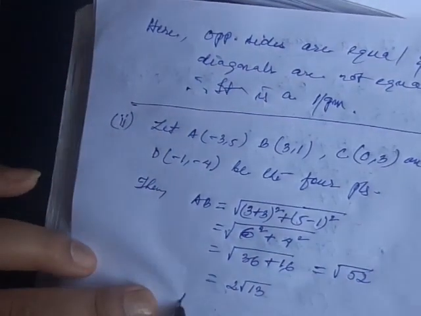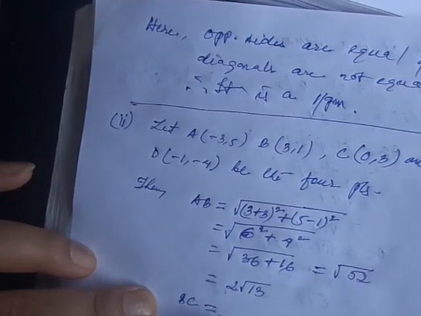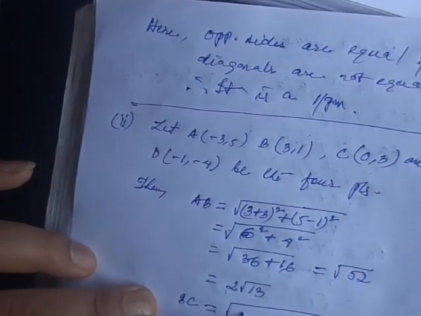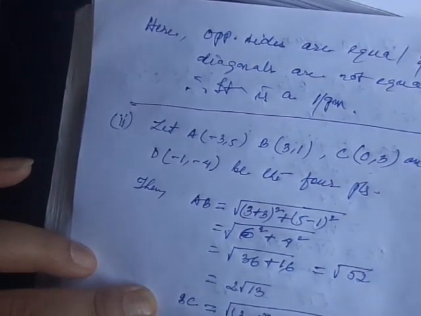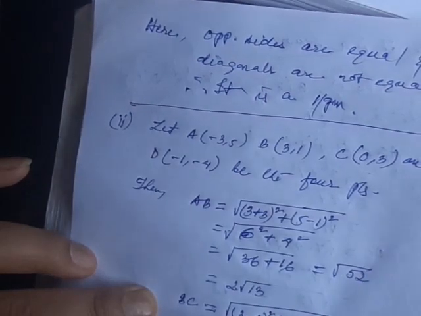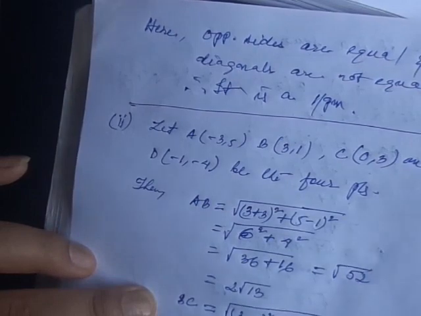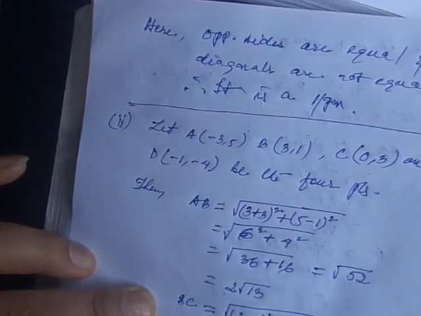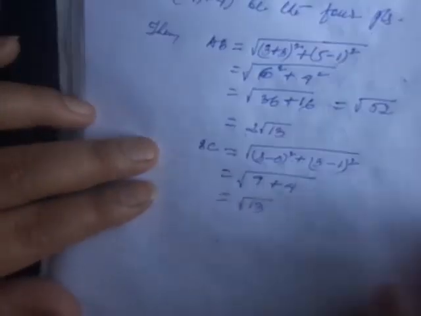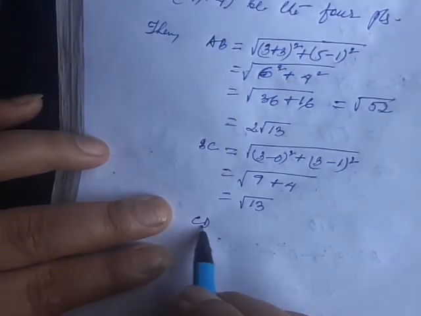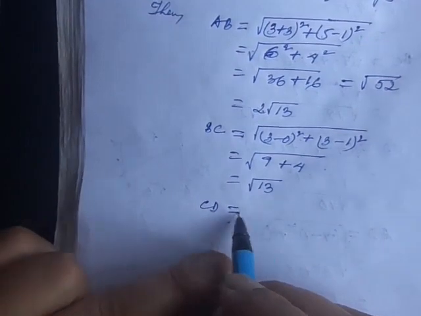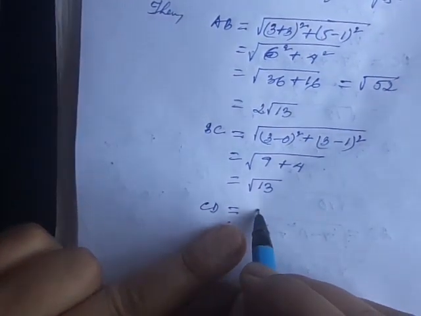Then BC equal to square root of 3 minus 0 plus 3 minus 1. So equal to 9 plus 2 squared is 4. So we get root 13. And next CD. You can see 0 is bigger than minus 1.